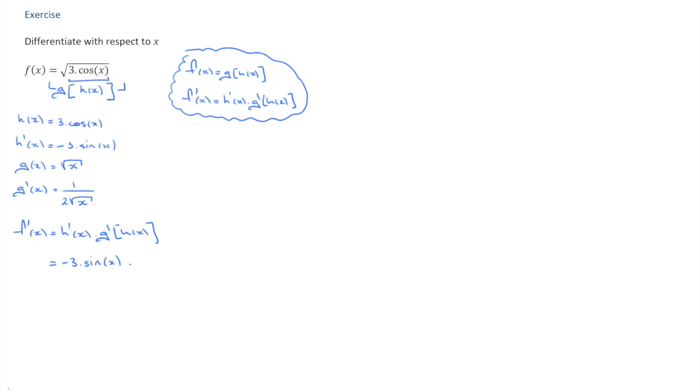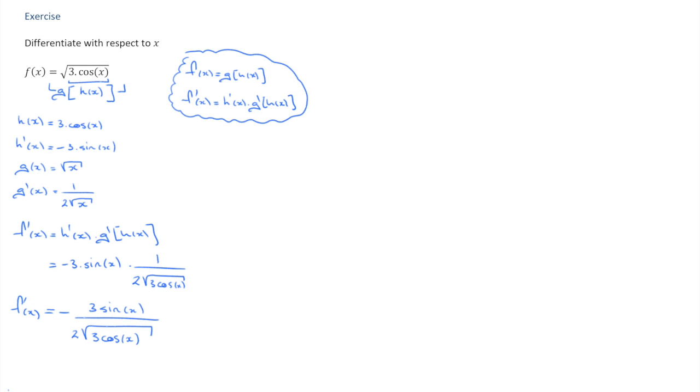So g dash of h of x would be 1 over 2 square root of h of x, which was 3 cosine of x. That leads us to f dash of x equals negative 3 sine of x over 2 square root of 3 cosine of x. And there we have it. We've just differentiated this using the chain rule.